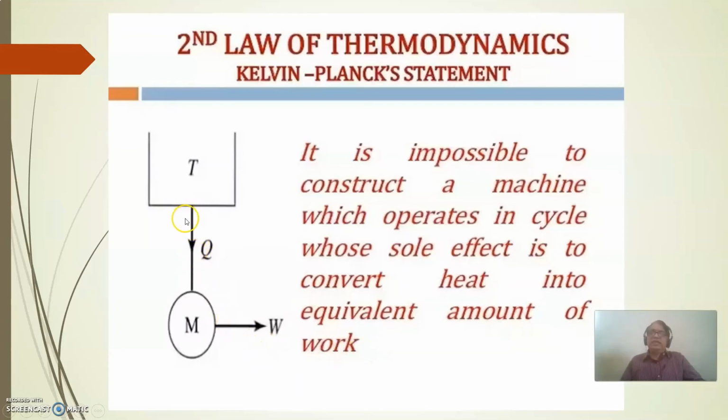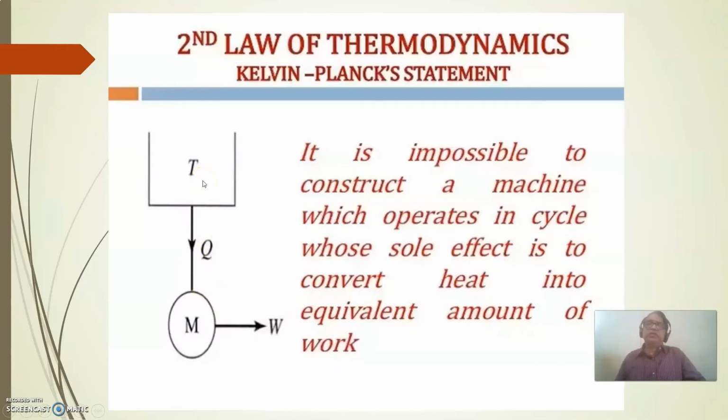You are taking complete heat and getting work without sending any heat to another source. So both the hot source and the cold source are necessary. With a single reservoir it is not possible.